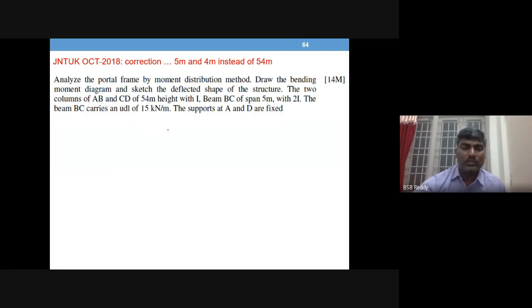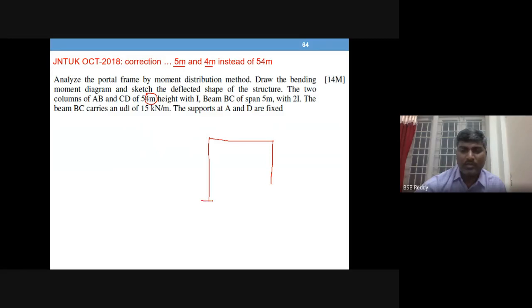In the earlier problem, we just considered it to be the same, 4 meters. Now you can assume it in the other way, using this convenience to make it a sway problem. So 5 meters for AB, then 4 meters for BC.